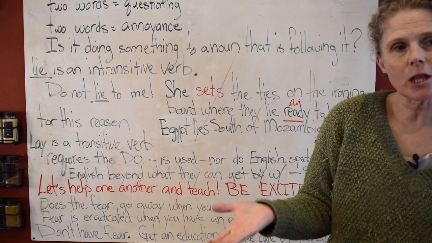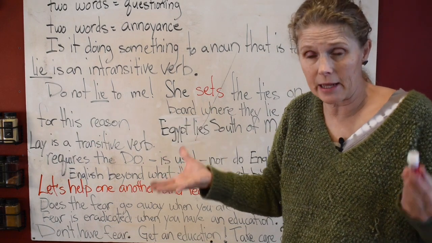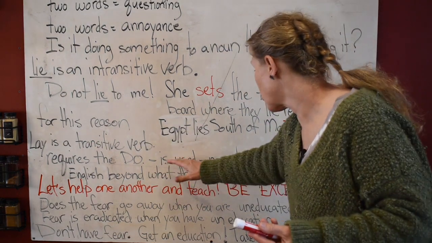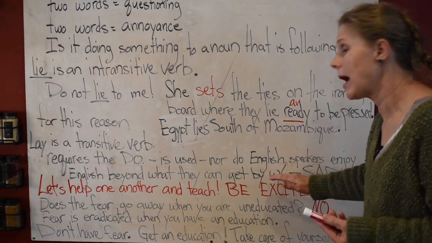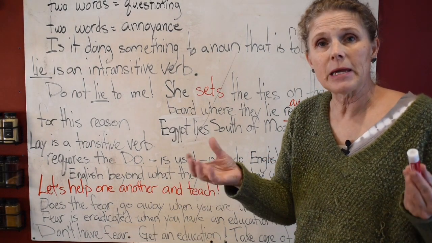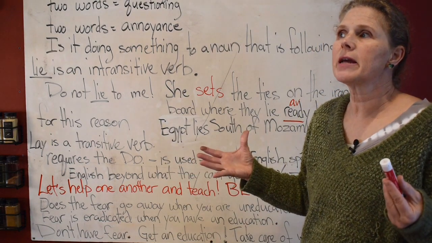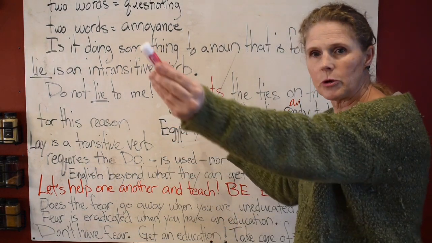Now, I think that a lot of our English, we don't use and understand our language properly. It's not taught properly. And so, nor do English speakers enjoy English beyond what they can get by with. And I think a lot of this happens because we have technology. And I really think a lot of it kind of ended with the telephone and then it just boomed from there.